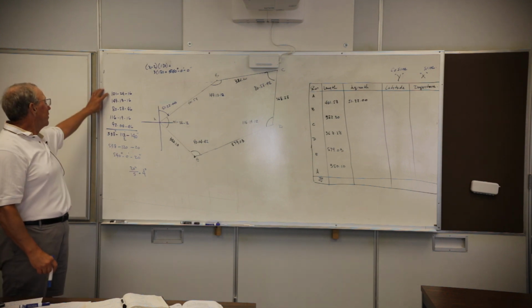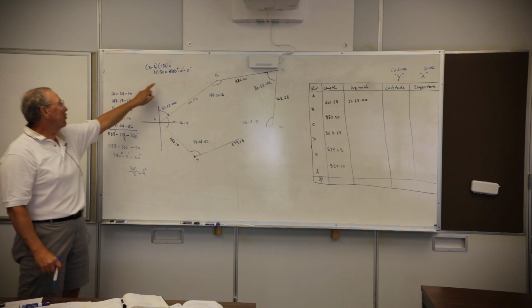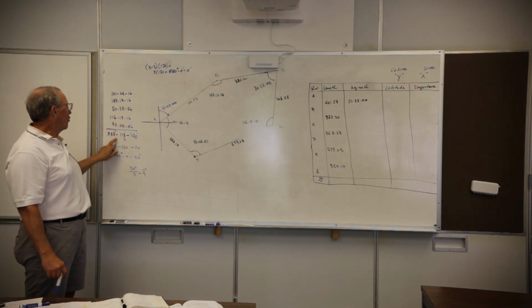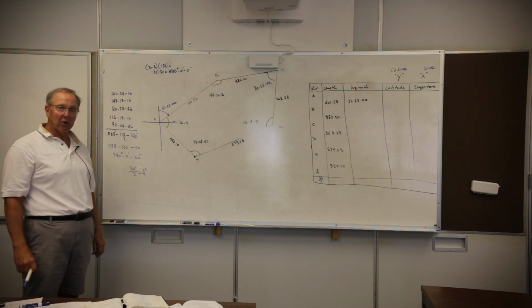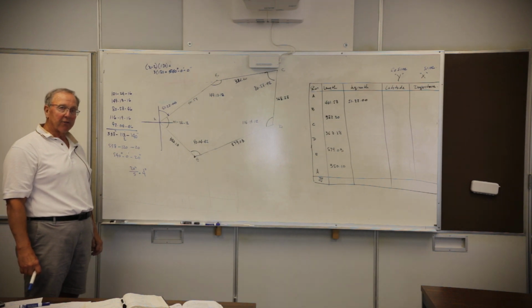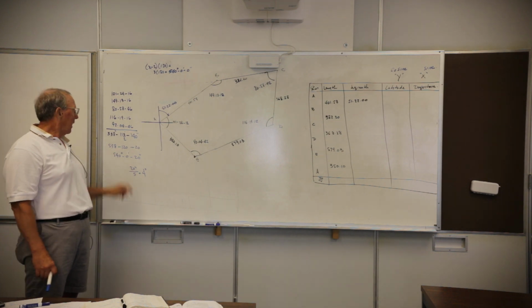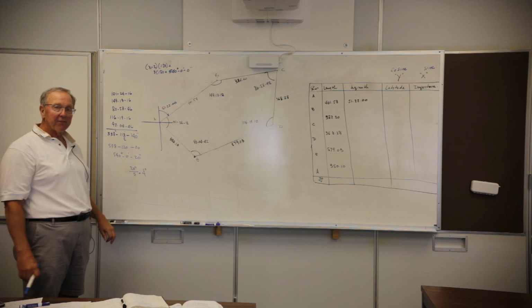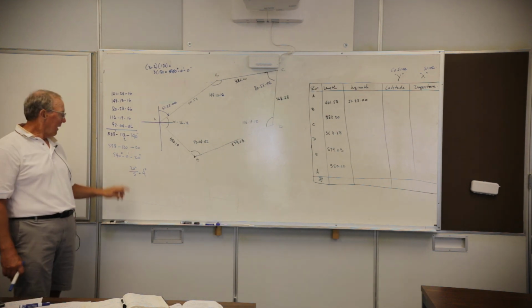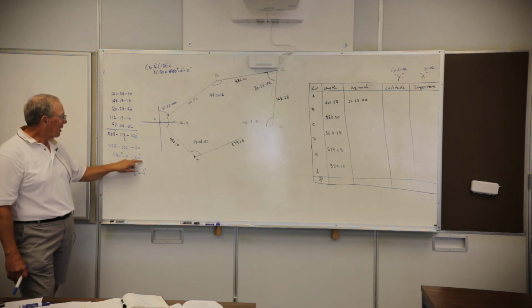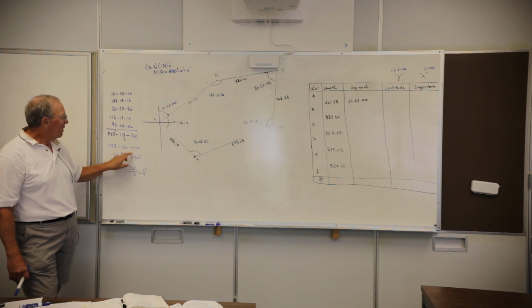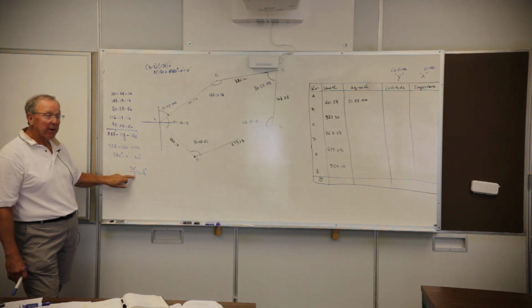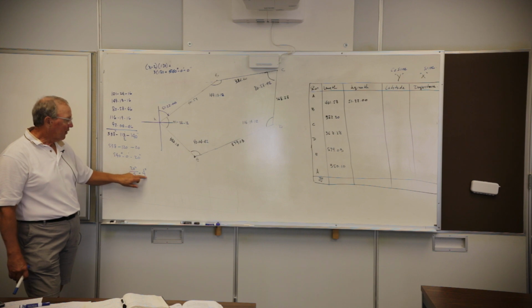So all you do is add them up, find out what they should be, subtract the two. If there's a difference, make the correction. If there is no difference, continue on. Once there's a difference, find out whether you have to add or subtract, and divide the angle error by the number of sides or the number of angles, and that's the correction.